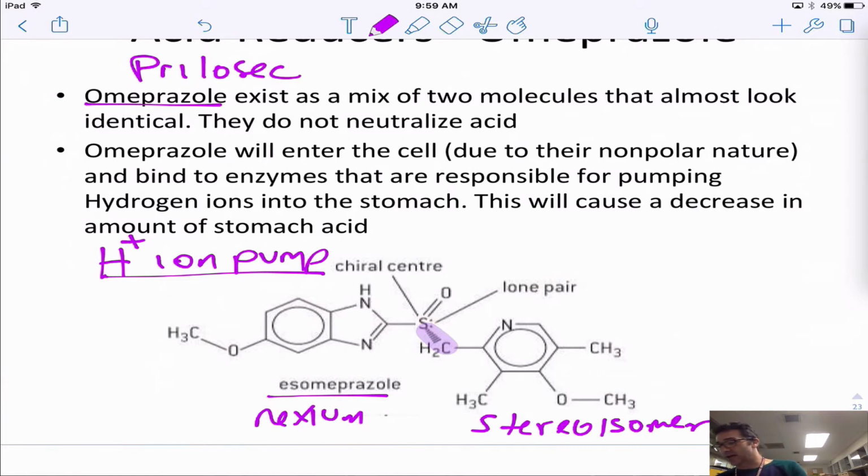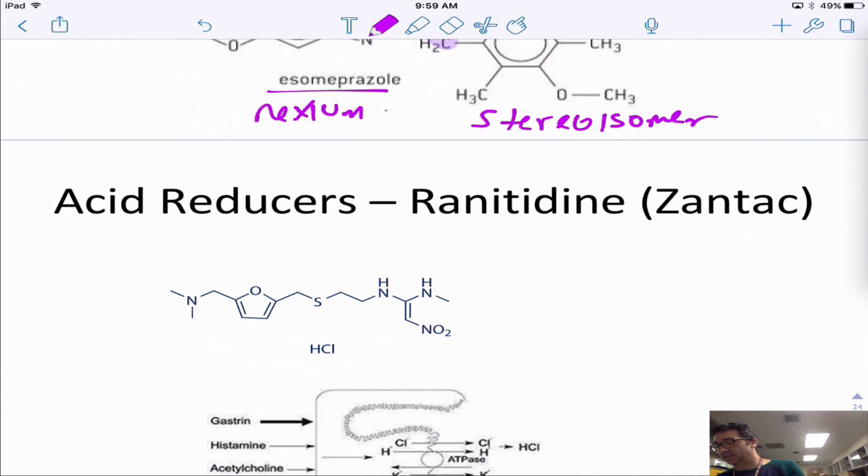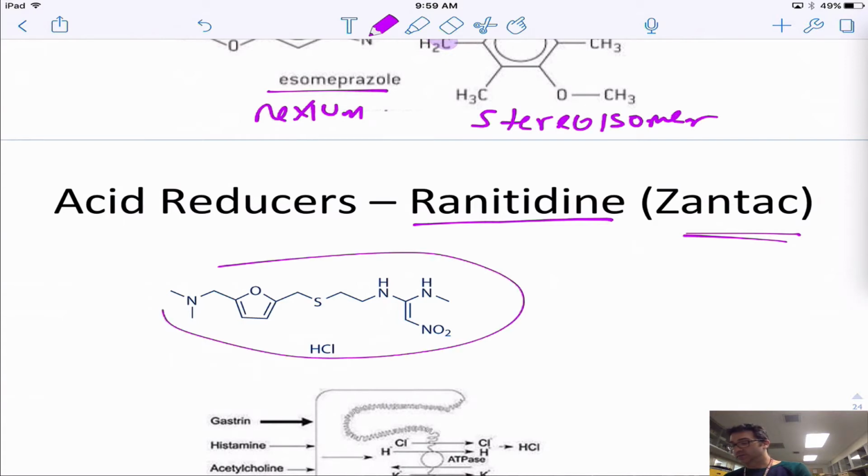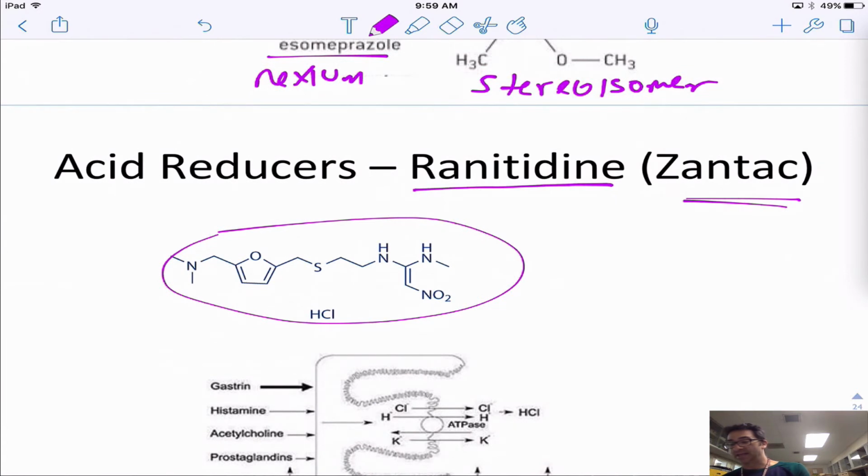Now there's another class of acid reducers that do something similar called ranitidine. And ranitidine is commonly known over the counter as Zantac. You can find this in CVS too. And this is the structure of ranitidine. And ranitidine acts by blocking histamine at something called the H2 receptor, the histamine 2 receptor.